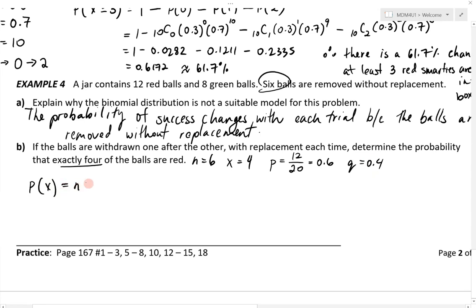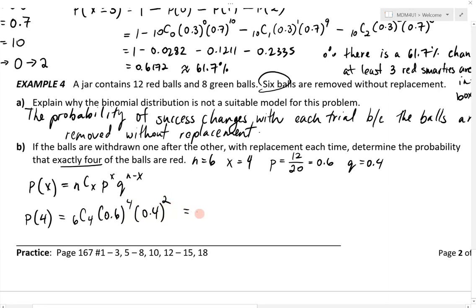So our probability is using this formula: n choose x times p to the x times q to the n minus x. Then the probability of having x equals 4 red successful outcomes is going to be 6 choose 4, 6 trials, 4 of them want to be red, and then 0.6 is the probability of success, raised to the exponent of 4, and 0.4, the probability of failure, raised to the exponent of 2.